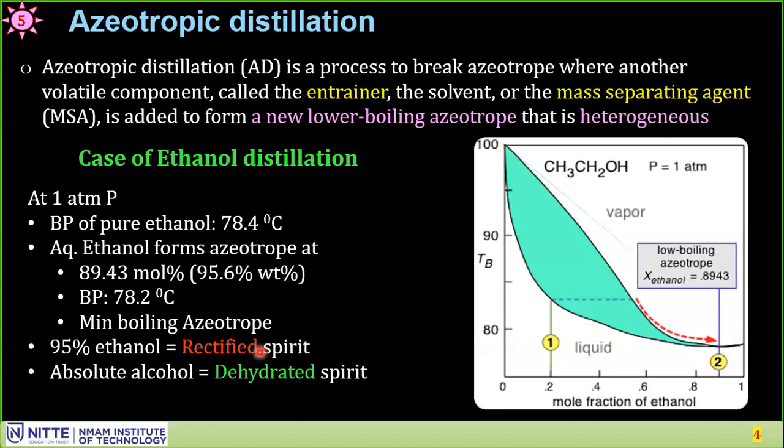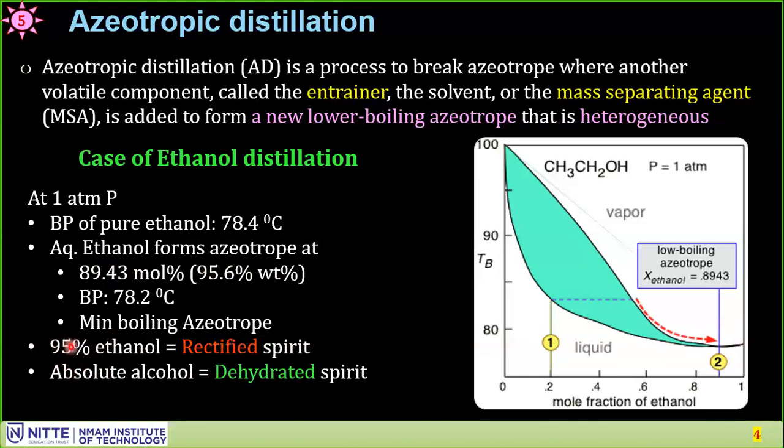If you remember, a rectification column is used in tray distillation or even packed bed distillation. We have a rectification section. So through the distillation procedure you can obtain 95% ethanol. Now say that for some operations I need pure ethanol, 100% ethanol, that is called absolute ethanol.